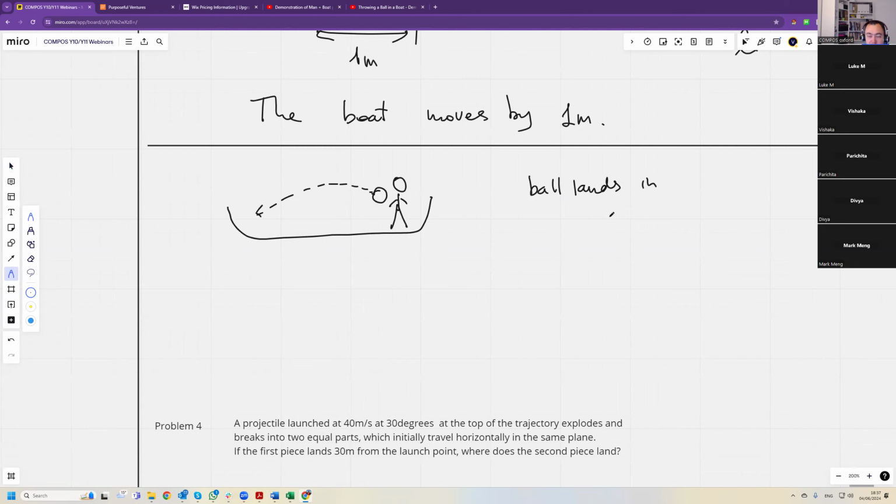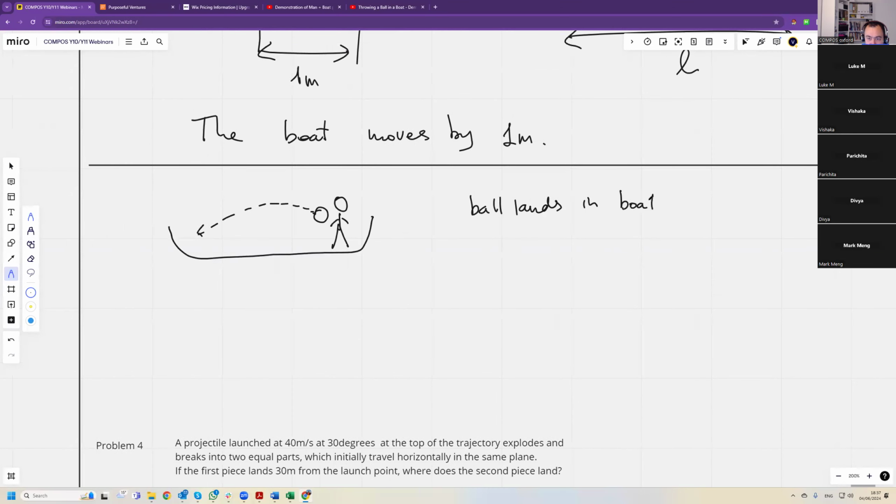There's a push. So the person is pushing against the ball and that causes the person to move backwards. Person pushes the ball. The person and boat move right.